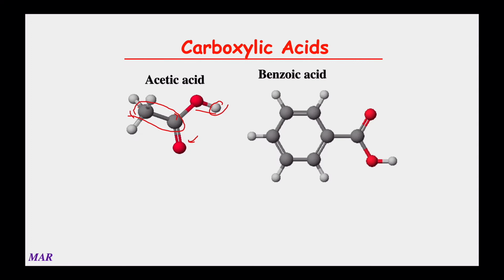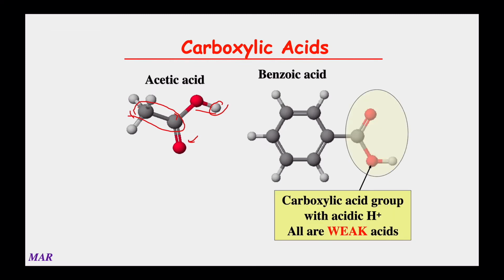Now, benzoic acid on the right is a benzene ring, C6H6, but one of the hydrogens was pulled off, and you're putting that C double bond OOH off of it. Again, like acetic acid, that hydrogen is acidic. It pops off and makes what's called the benzoate ion. We'll talk about that more in Chem 223.